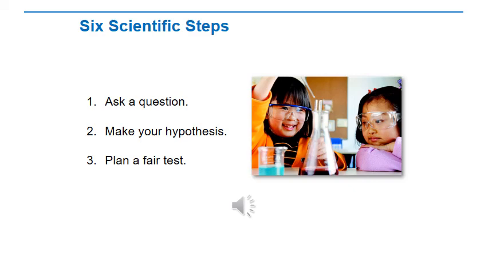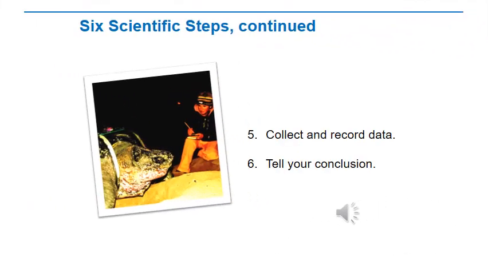Number 3, plan a fair test. 4, do your test. 5, collect and record data. 6, tell your conclusion. By the way, grade 2, scientists do not always do all of these steps. Sometimes they do the steps in a different order. It depends on the scientist, his mind, and his experiment. Scientists have different scientific methods, but we studied the most common one.